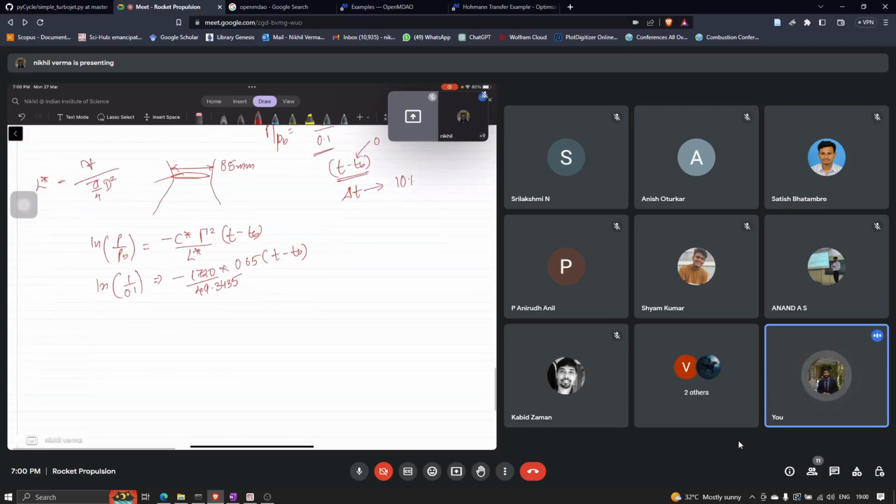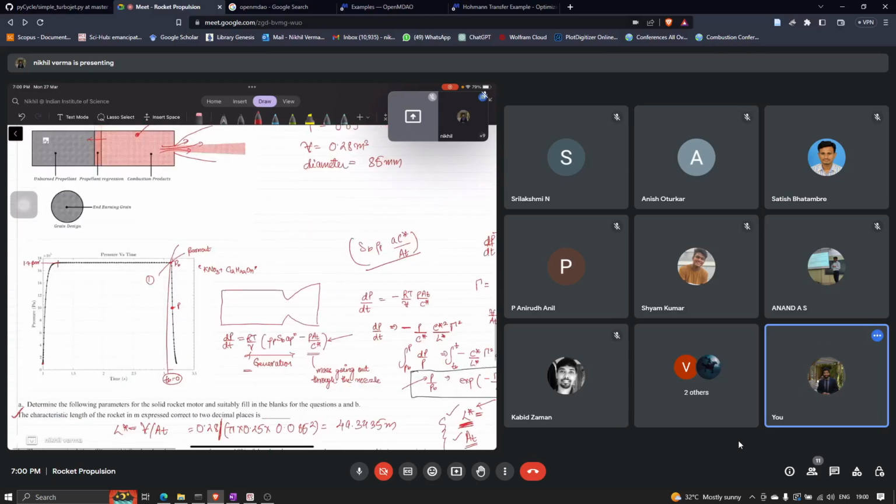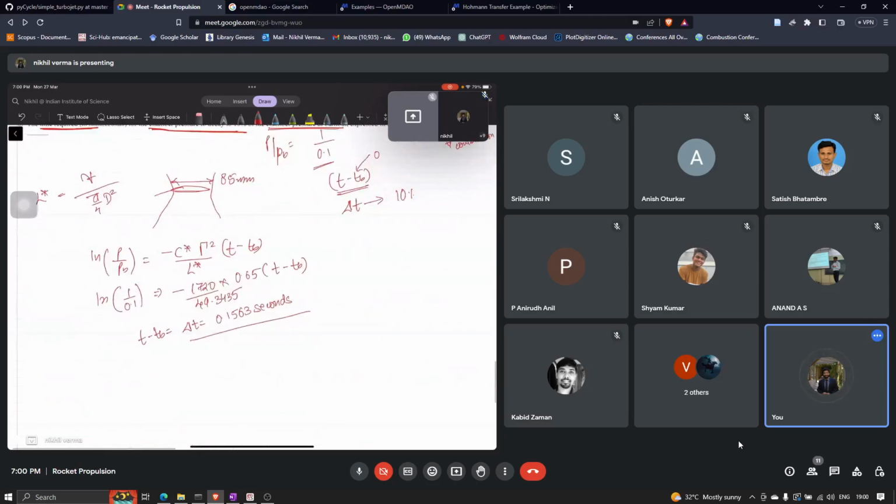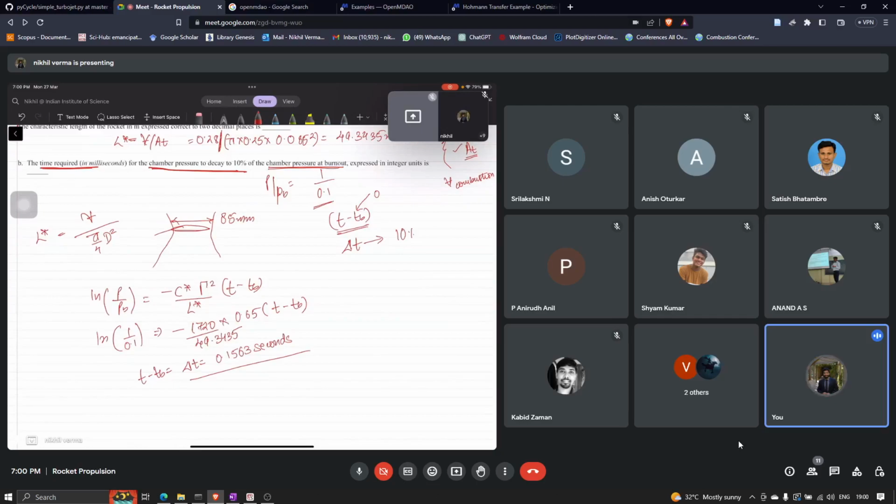If you calculate t minus t burn, you will get 0.1563 seconds. So basically it takes 0.1563 seconds to reach 10% of the value. Any doubts on this?